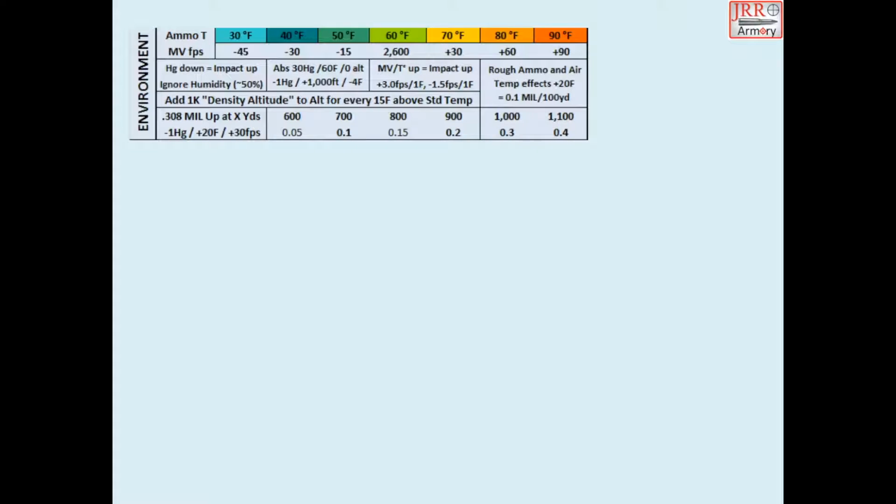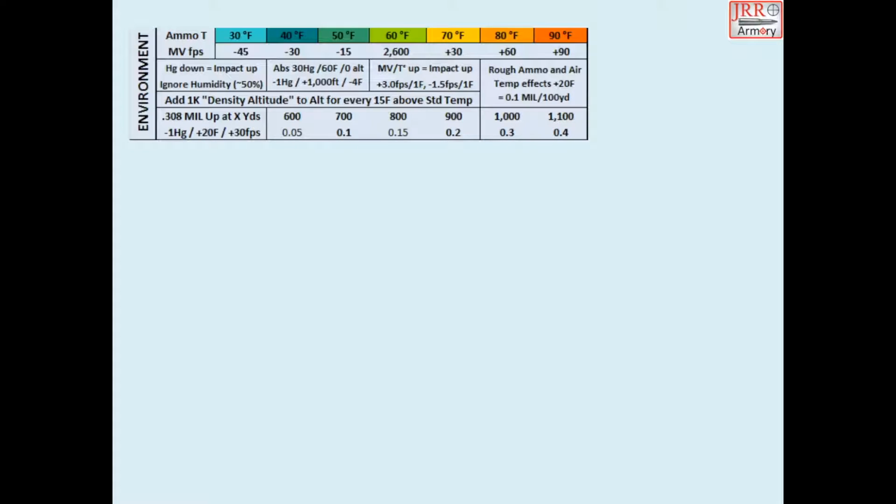Another rough way to do it is for every 20 degrees Fahrenheit, make a correction of 0.1 mils per 100 yards. We'll show an example of how that works, but it's not something we recommend.